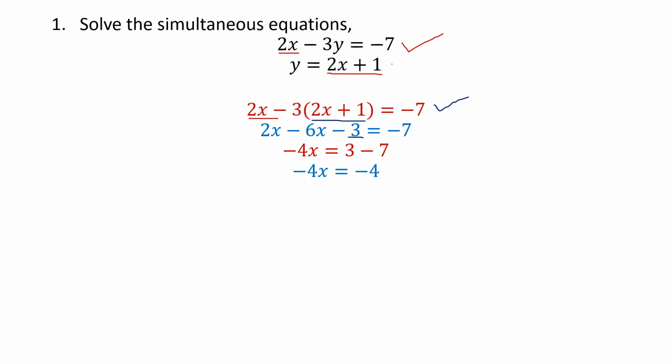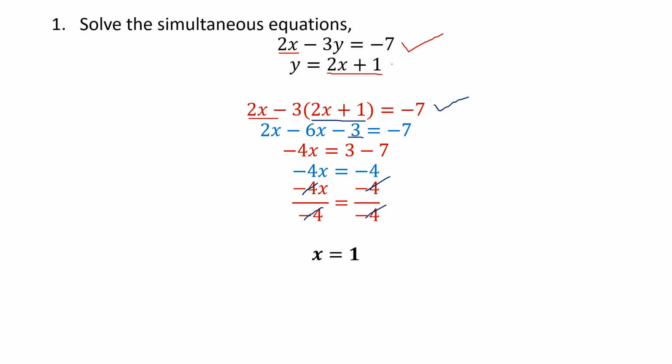This simplifies to minus 4x is equal to minus 4. Now solving for x, let's divide both sides by the coefficient of x. The coefficient of x in this case is minus 4, so let's divide both sides by minus 4, such that minus 4 and minus 4 give us 1. So x is equal to 1.